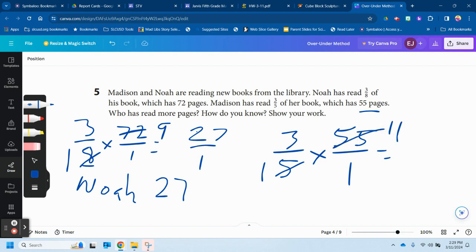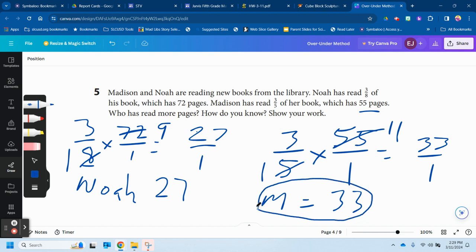So I got 33 ones, or 33. So Madison, I'll just put an M for Madison, read 33. And 33 is a little more than half of 55. It's a bit more. Yeah, that's right. And 27 is less than half of 72. So Madison read more pages than Noah.